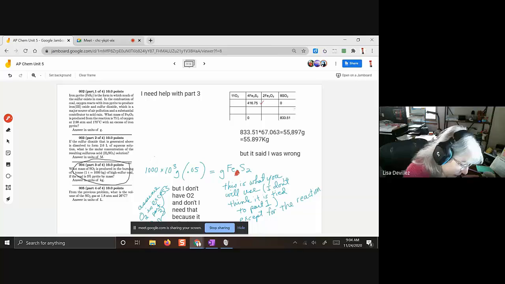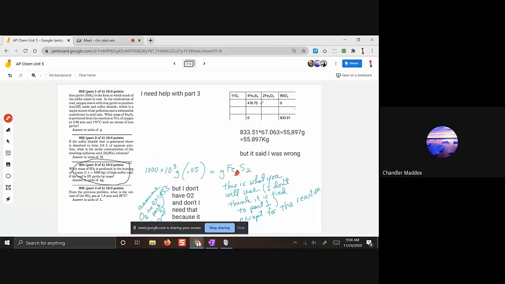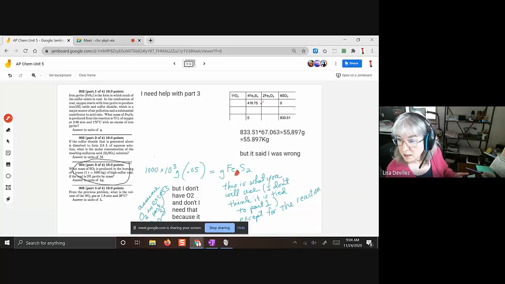Then it's a 2 to 4, right, so an 8 to 4. Okay, so times 2 gives me that many grams, and then 32 for 1 sulfur plus 2 oxygens, so 64.05 for your molar mass there.